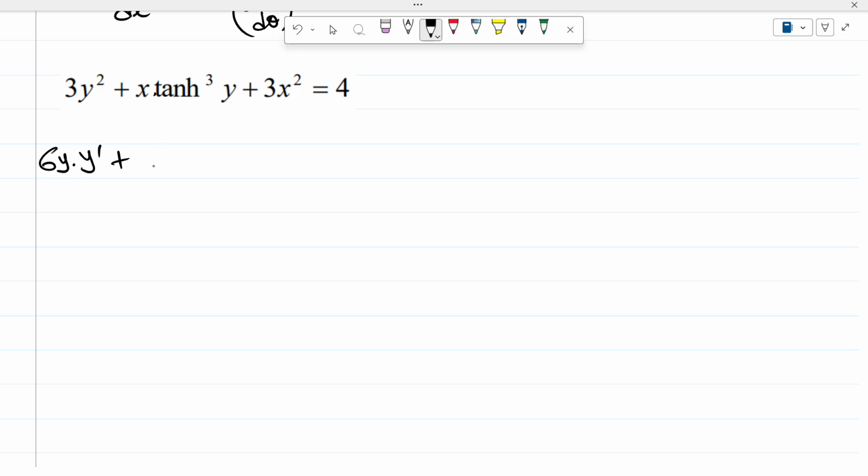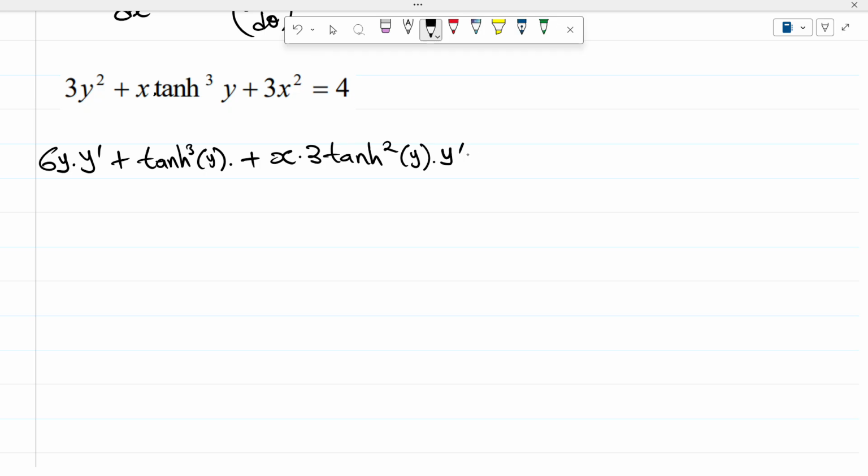So when I differentiate x, it becomes 1. I then copy hyperbolic tan cube of y, and then I say plus I copy x, and then I differentiate hyperbolic tan cube. It will be 3 hyperbolic tan squared of y. Then I differentiate the argument.